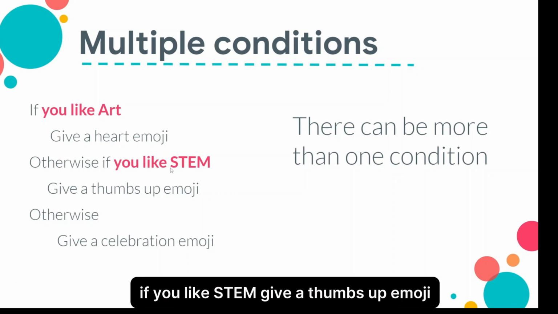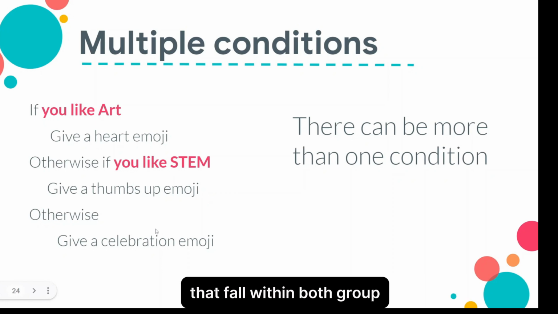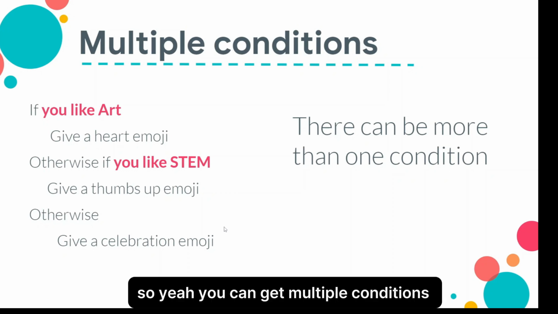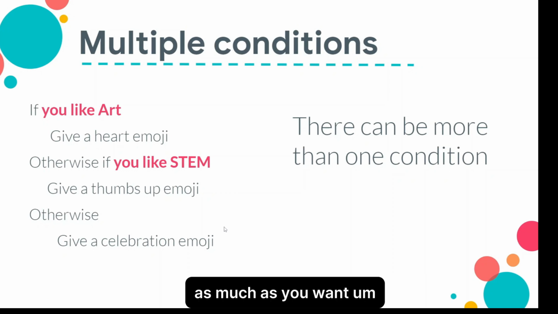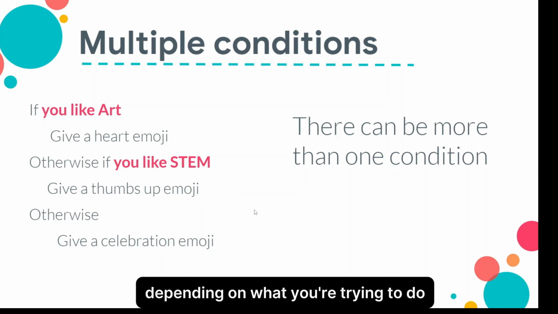Otherwise, if you like STEM, give a thumbs up emoji. Otherwise, these are the people that fall within both groups, give a celebration emoji. So yes, you can have multiple conditions as much as you want, depending on what you're trying to do.